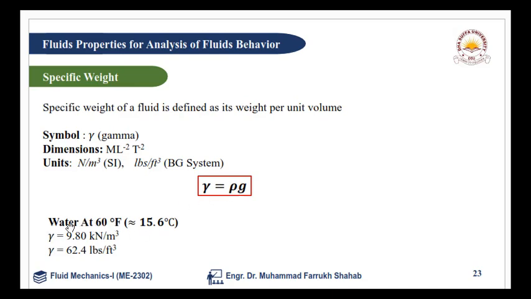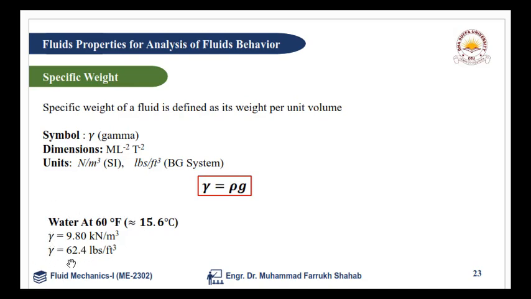For example, in case of water at 60 degrees Fahrenheit, 15.6 degrees Celsius, the rho of water is approximately 1000, whereas g is 9.8. So you can see that 9.8 times 1000 gives you 9.8 kilonewton per meter cube, or 9.8 times 10^3. This is the gamma value, and these are the commonly used values in the analysis of fluid mechanics.